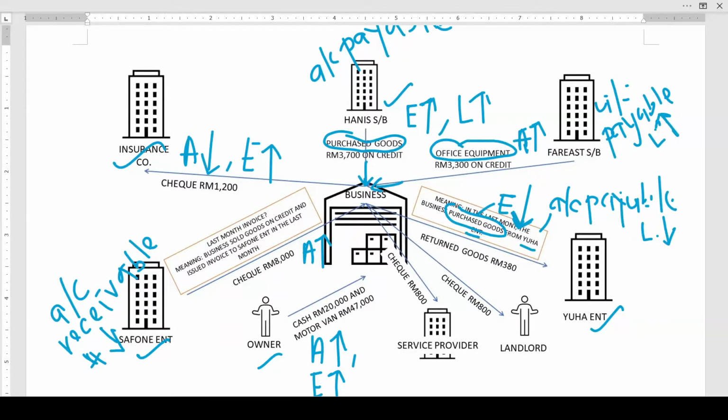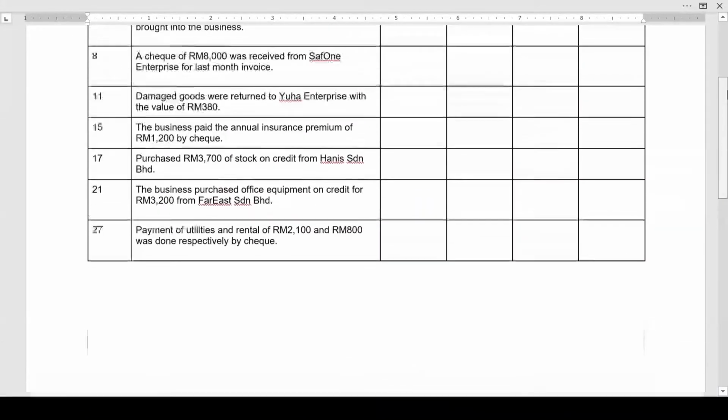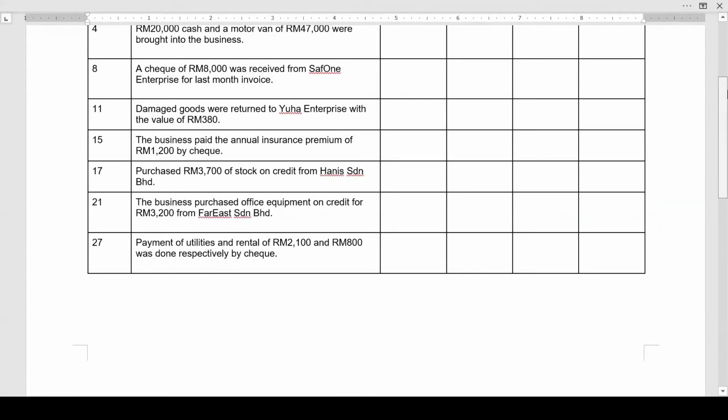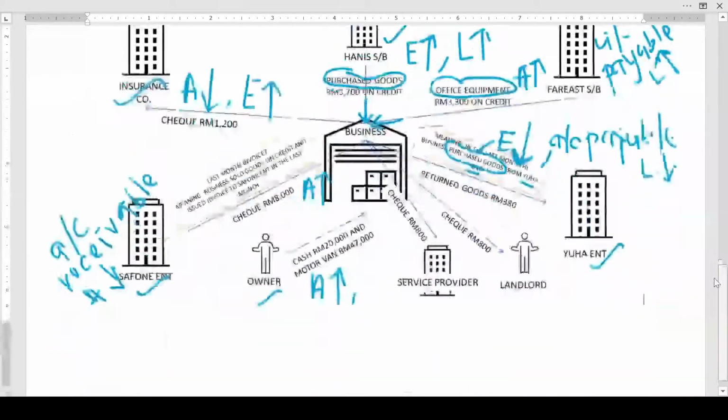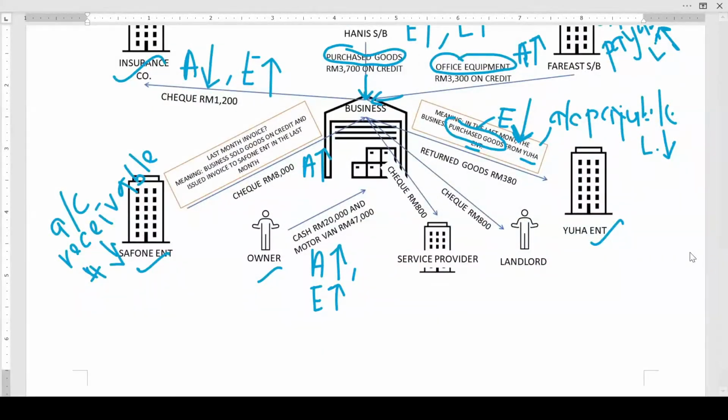And then the last one, if I'm not mistaken, is payment of utilities and rental of 2,100 and 800 respectively by check. The business takes out some of its money and makes a payment to the landlord for the rental, and to the service provider for the utilities.